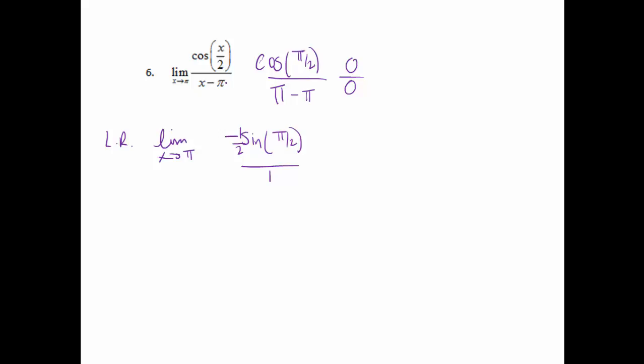The derivative of pi, because it's a constant, will be 0. Now from here we do want to plug in pi. So if I plug in pi, I'll get negative 1/2 sine of pi over 2, over 1. The sine of pi over 2 is 1, so my limit will be negative 1/2.